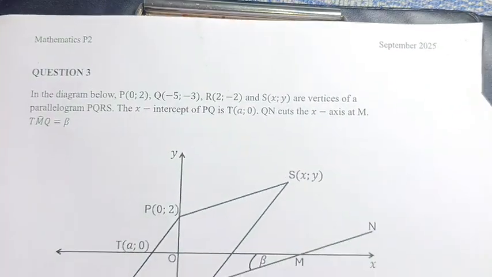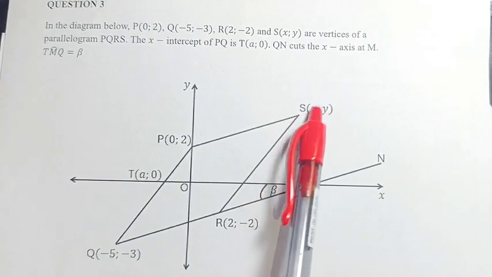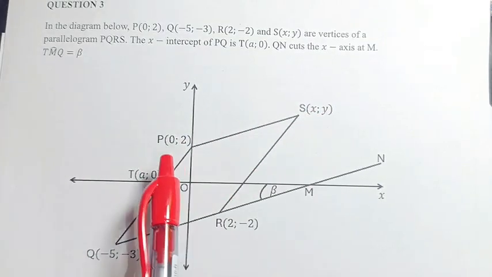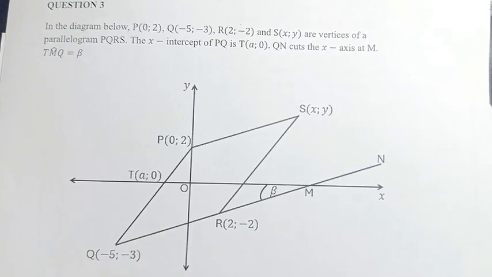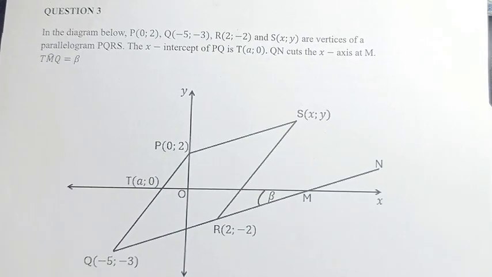There's many ways to solve this question. We need to find the coordinates of S here. This is a parallelogram, but remember PQRS is a parallelogram.